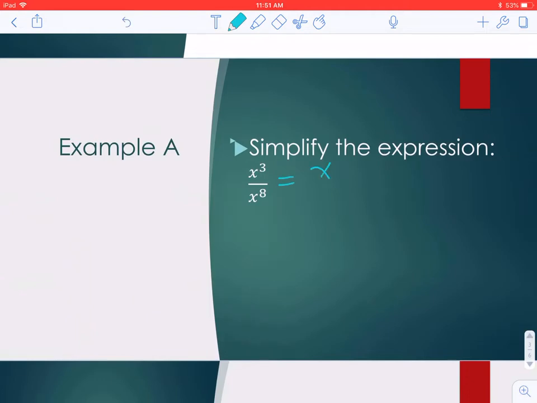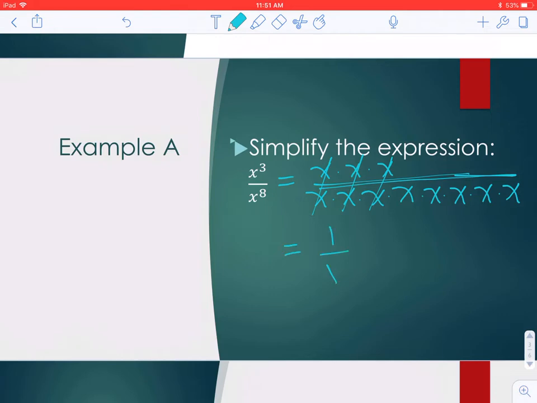I could have x times x times x over 8 x's, and I could cross out my sets, which leaves me with 5 x's in the bottom, and so I would have 1 over x to the 5th, because remember that x over x is like having one whole. So when we crossed out all of these sets, it leaves a 1 in the top.